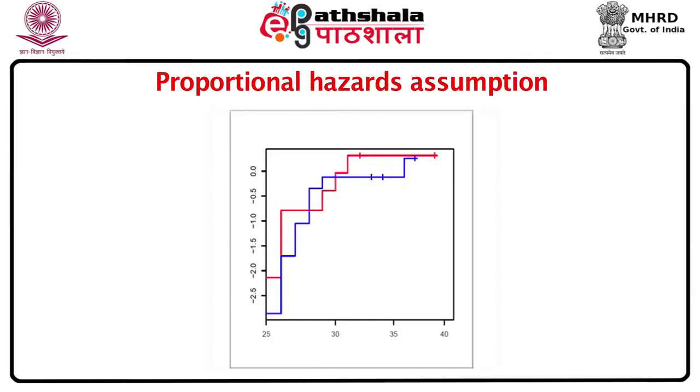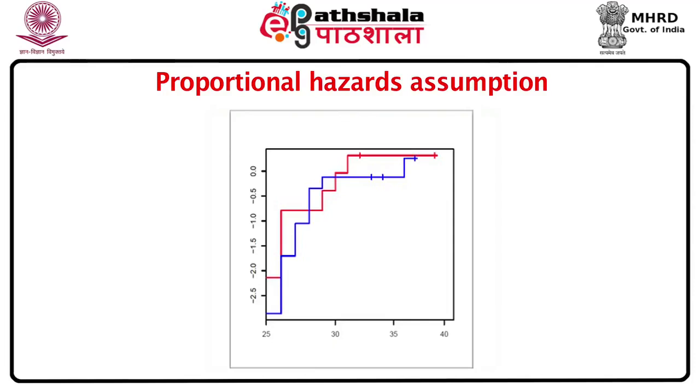So, for example, the hazard of death at age 50 is the chance of an individual dying at age 50. The hazard of a heart attack at age 60 is the chance of an individual experiencing a heart attack at that age, given that he has not experienced a heart attack before.